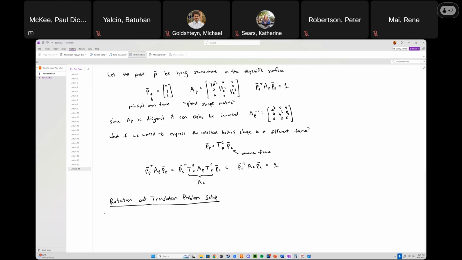So suppose we want to consider a rotation and a translation with respect to the principal frame.